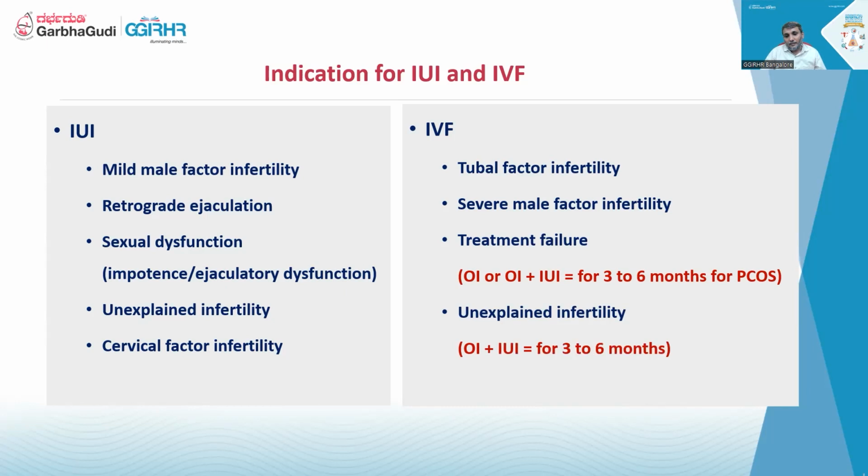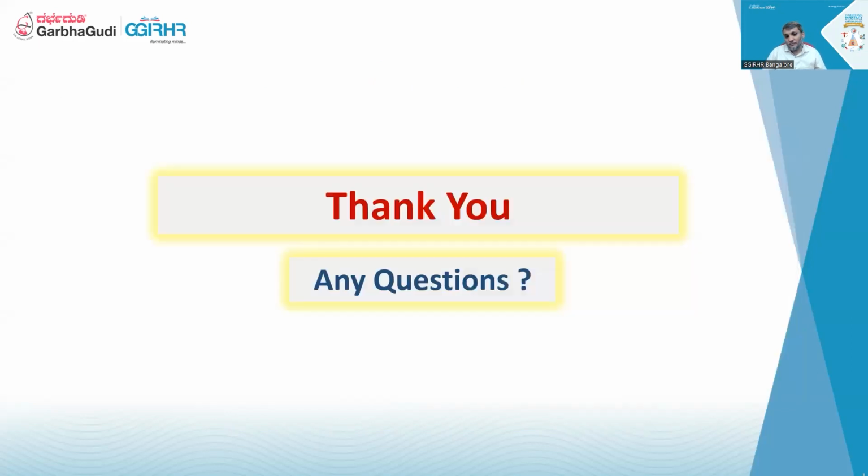Unexplained infertility: you can still try 3 to 6 months of normal intercourse, and if they are unable to conceive even after 6 months, they have to be recruited for IVF. Also very important is pre-implantation genetic testing: if there are any genetic causes, it is better to test the embryos and transfer the normal embryos.